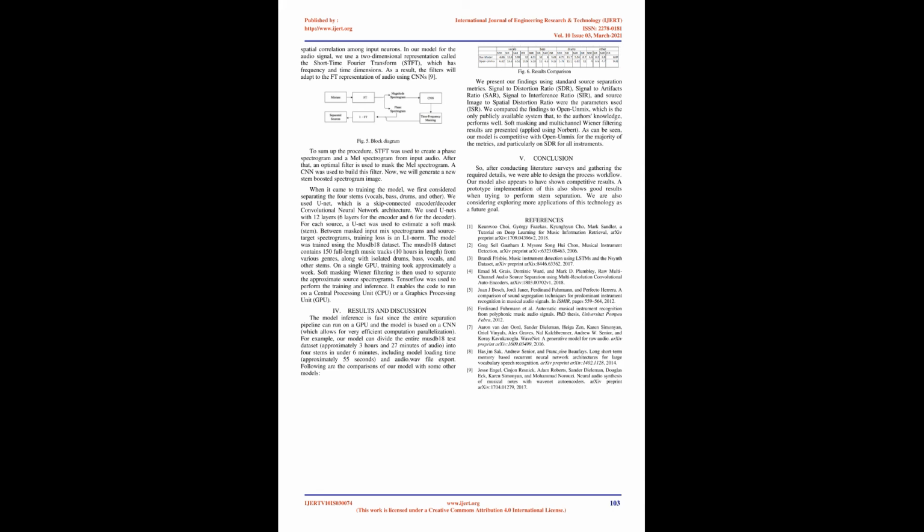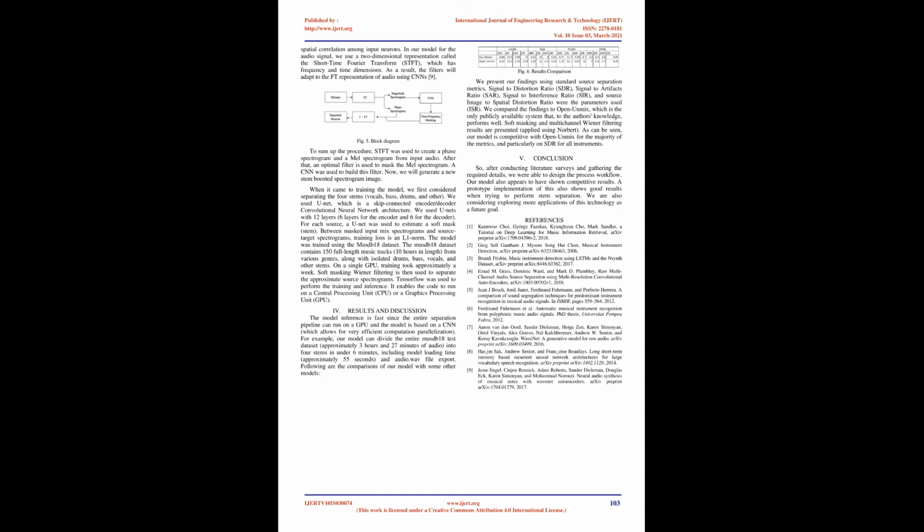Soft masking Wiener filtering is then used to separate the approximate source spectrograms. TensorFlow was used to perform the training and inference. It enables the code to run on a central processing unit, CPU, or a graphics processing unit, GPU. Results and discussion.